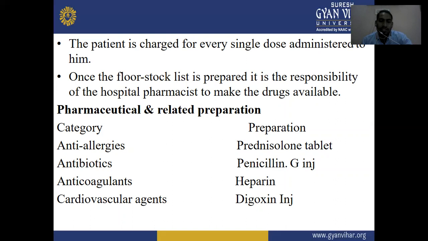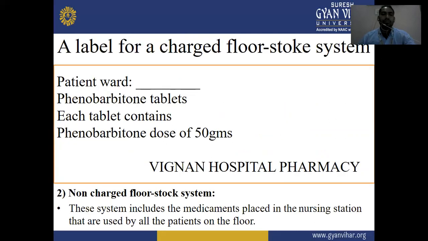The antibiotic category drug is penicillin G injection. The anticoagulant category drug is heparin. And the cardiovascular agent category drug is digoxin. These are the pharmaceutical and related preparations in the floor stock system.